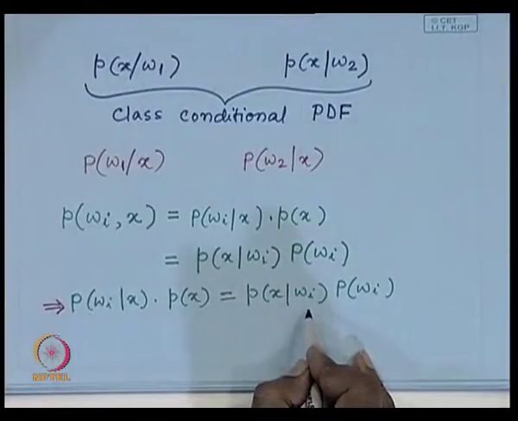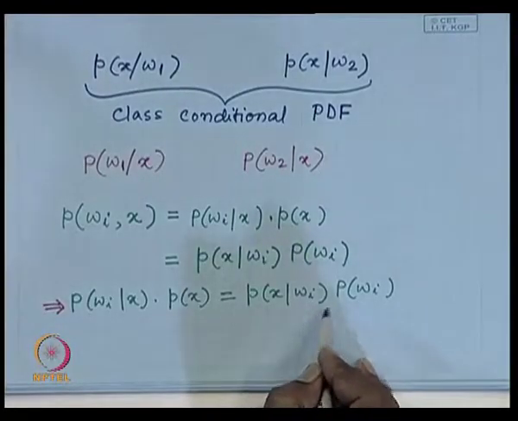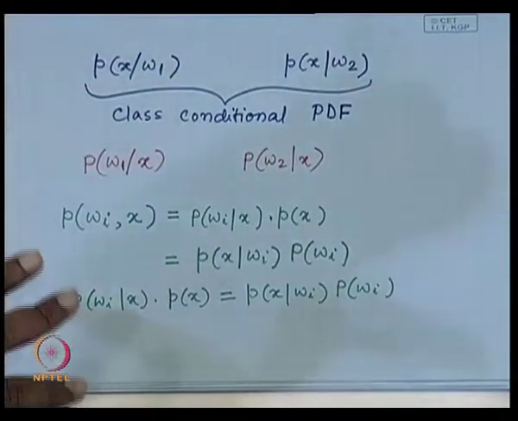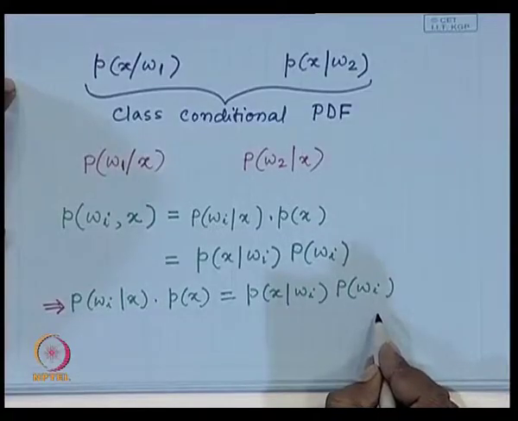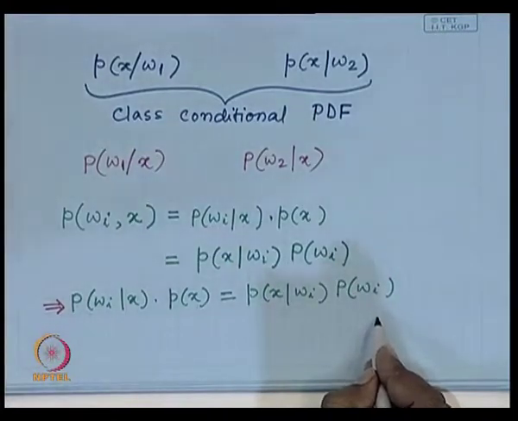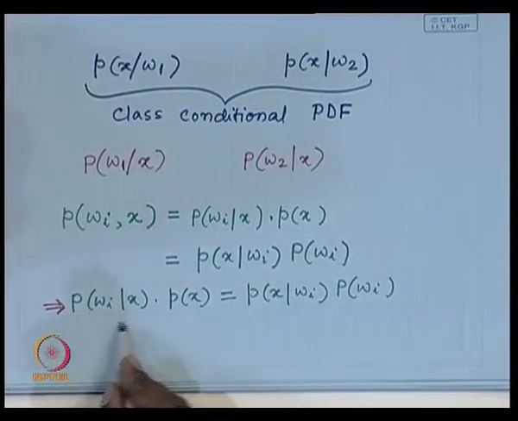I take objects belonging to different classes, those which have been rejected and those which have been accepted, and based on that I find the class conditional probability density function of x, that is p of x given omega i. So, p of x given omega i and p of omega i are known to me. For an unknown object, I measure the feature x, and what I have to find out is p of omega i given x.